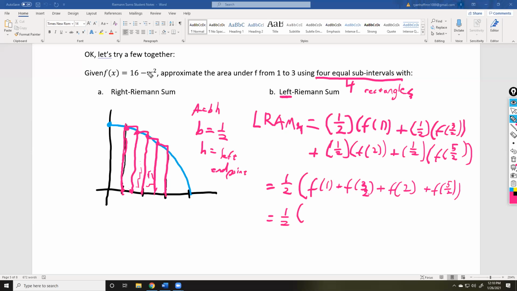F of 1, 16 minus 1 is 15. Plus f of 3/2 here, that'll be 16 minus 3/2 squared, which is 9/4. And so that is 64/4 minus 9/4, which is going to be 55/4.